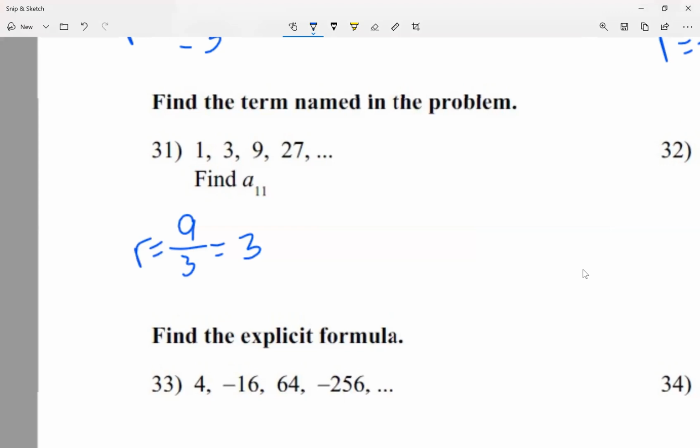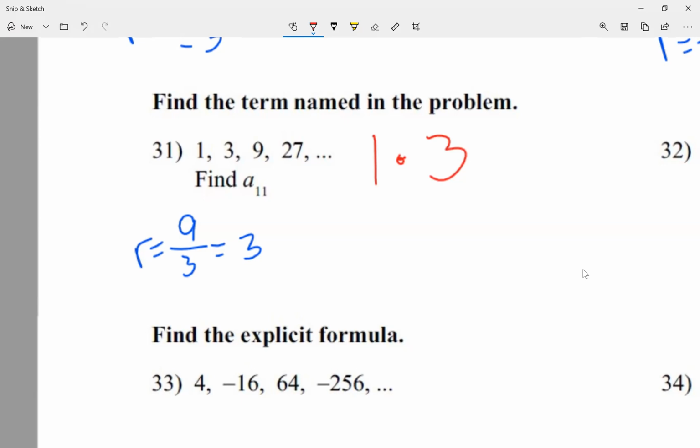Now, I want you to find the 11th number on the list. I'm not going to ask you to write all 11 numbers from the list. You don't have to find the 4th number, the 5th, 6th, 7th, all the way to 11. Instead, the way we're going to figure it out, we're going to say, all right, my first number is 1. And it seems like I have to multiply by 3 many times.